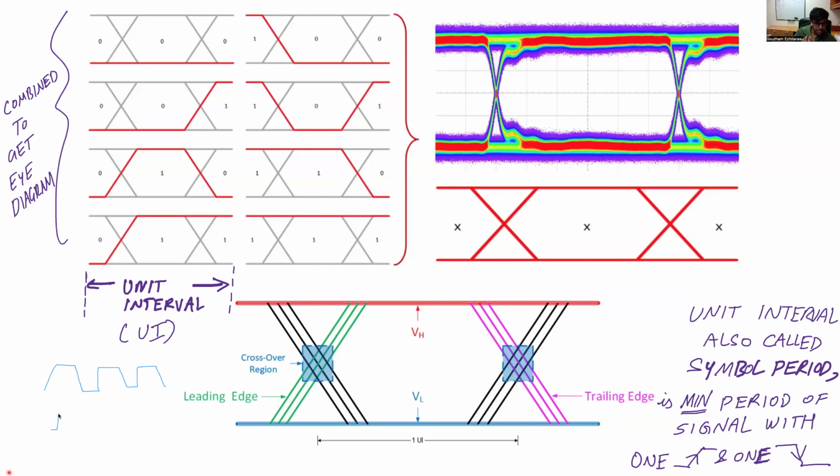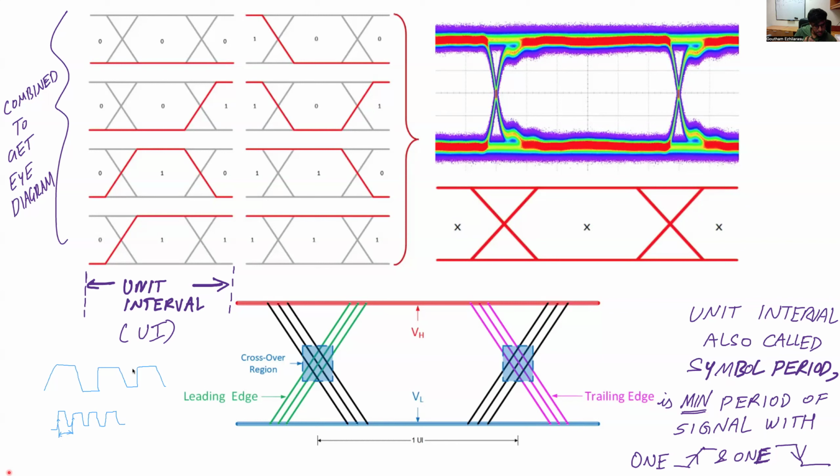So imagine now you have a sampling clock that's something like this. I apologize for my drawing because I'm drawing using a mouse. Let's say you are only sampling at the rising edge of the clock like this. Then this interval of time is basically called the unit interval.